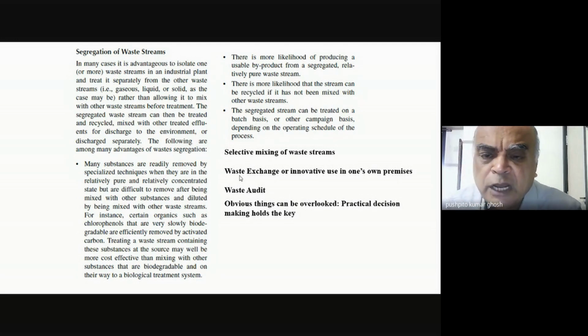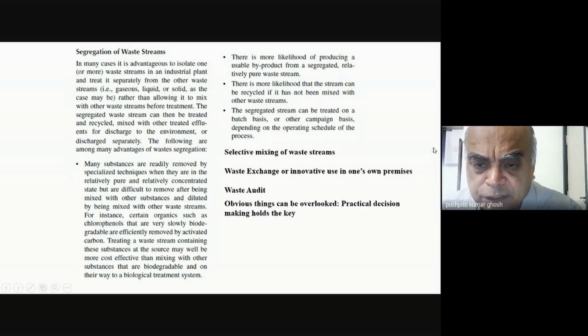And you could also take something which they produce, which could be useful. So waste exchange is another very innovative thing to look at. And for that, you need to have greater awareness of what all is going on and how different things can interact with one another.